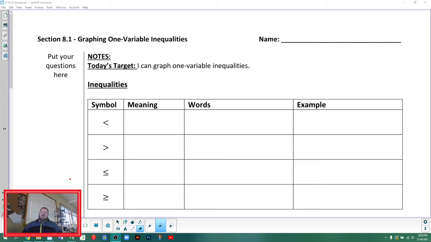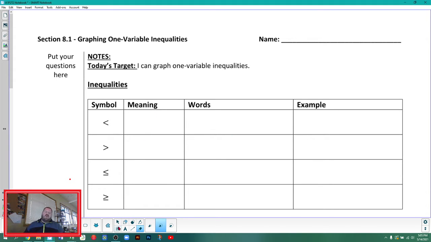Today we're starting our week with inequalities, looking at some different types of inequalities that we'll see. The first one, as we break down the symbols, is the arrow pointing left. It means less than.